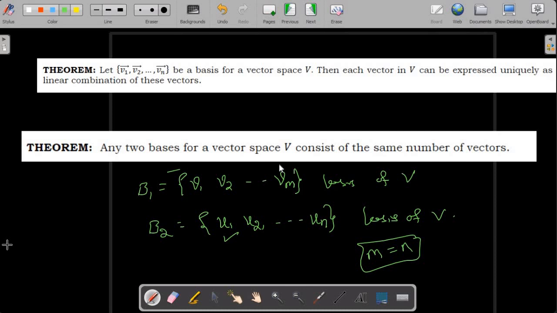From that, you'll come up with a homogeneous linear system, right? From which you can come to know that m equal to n. Take it as an exercise. If you don't get it, I'll discuss it in the next class.